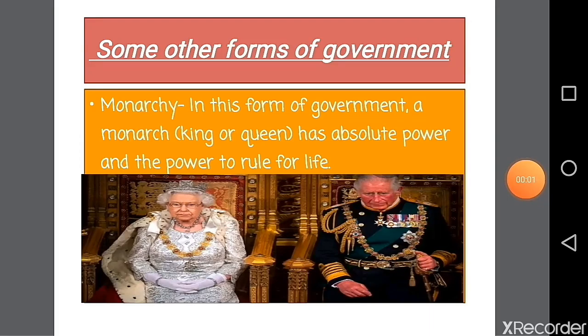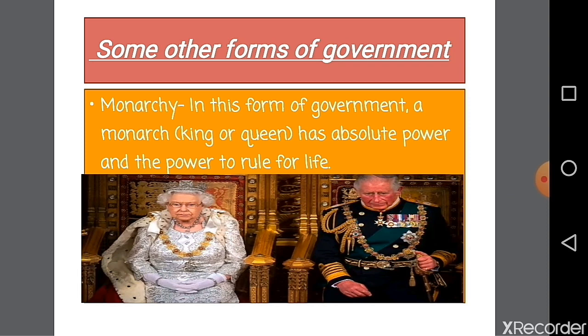So the next topic is some other forms of government. In this one, I will just first talk about monarchy. So earlier I talked about democracy where we elect representatives, but in medieval period king or queen were ruling over us.